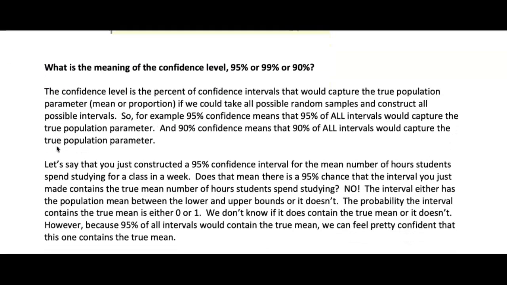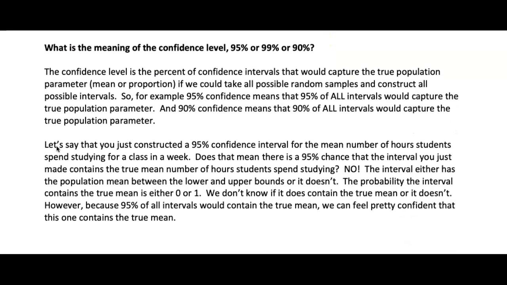So what is the meaning of the confidence level, whether it's 95%, 99%, or 90%? The confidence level is the percent of confidence intervals that would capture the true population mean or population proportion if we took a look at all possible samples of a given sample size and made all possible intervals.